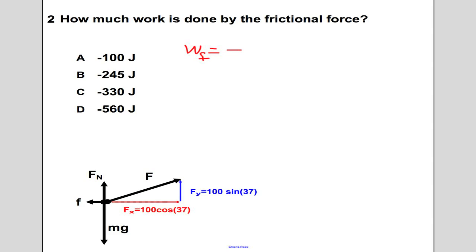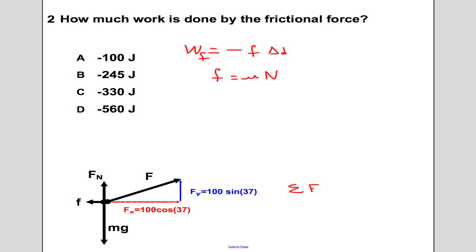Now the force of friction is equal to mu times the normal force. Now the normal force in this case is not equal to the weight, and that is because the sum of the forces in the y direction equals 0. That means there is no motion in the y direction.